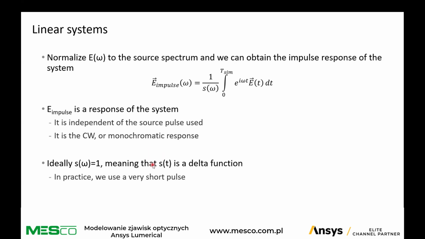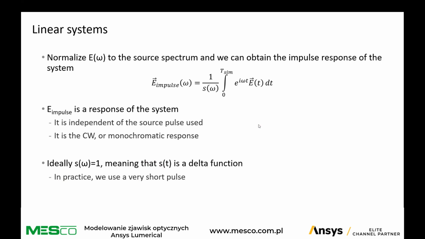And injecting a delta function is simply numerically not practical. So instead of trying to inject a delta function as a function of time, we inject a short pulse that is defined based on the bandwidth of the source that you need.